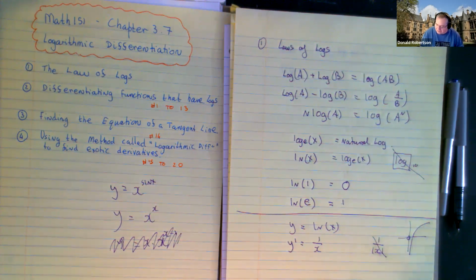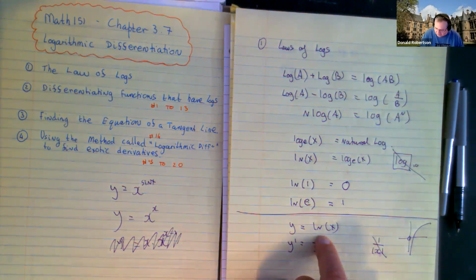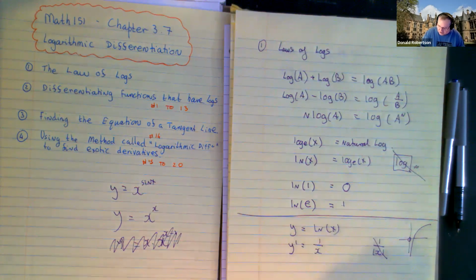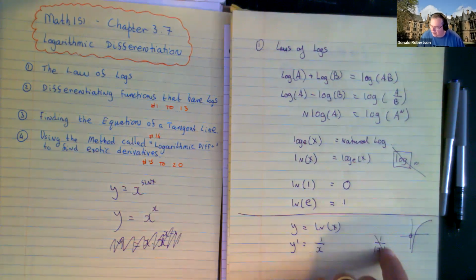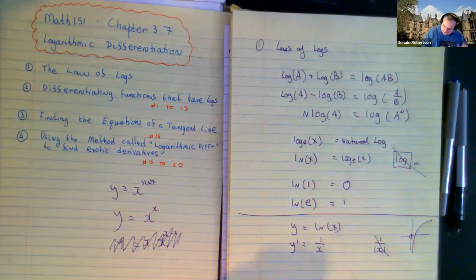So nobody would ask you to find the derivative of the log of x at x equals minus 20. Would you agree? Because the function doesn't exist there, it would be a silly question to ask. So 1 over x is fine.